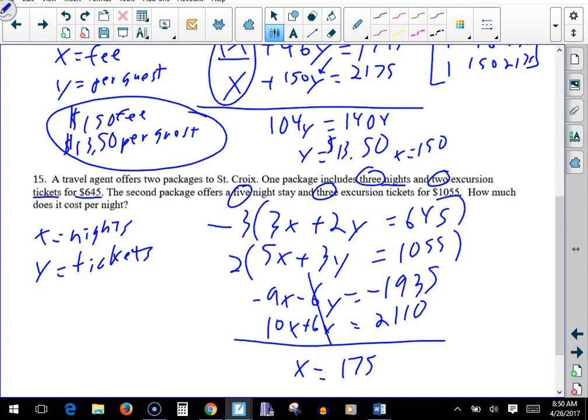Now notice the question is just how much per night. I already got that right there. 175 per night. I'm finished. I don't have to find out the ticket price. But if it said both, all I would do is plug the 175 in for x and solve for y.